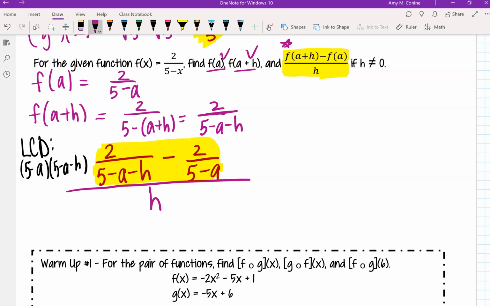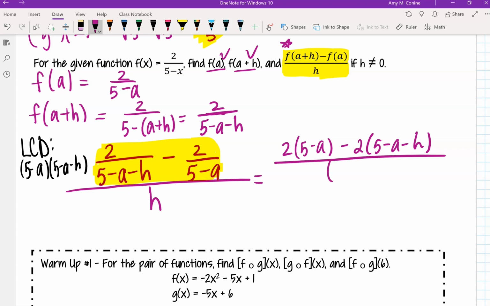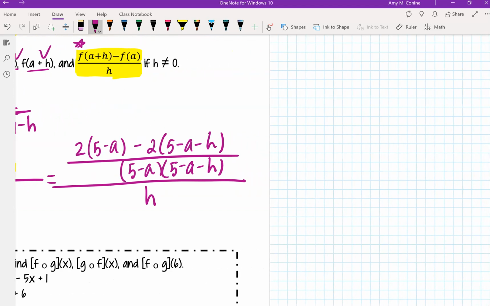So this first fraction is missing a 5 minus a, and the second fraction is missing the 5 minus a minus h. And then you should have both of those on the bottom, just like we talked about in our unit review. And you're still having this all over h. Okay.